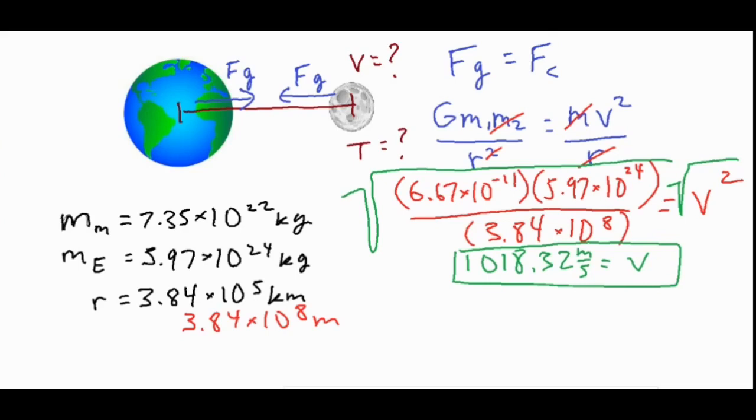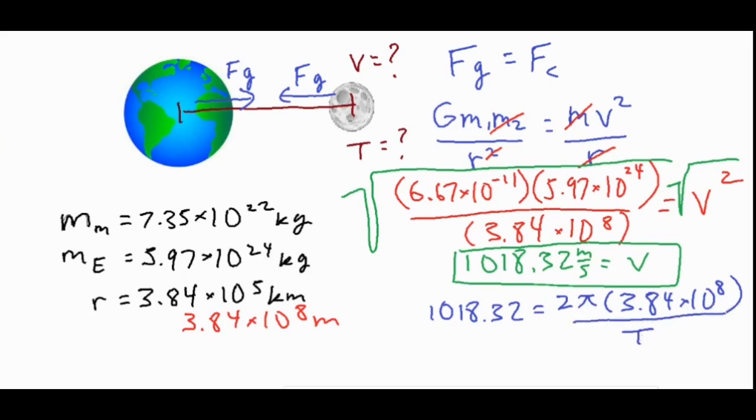And the way you do that is you take that velocity and then you set it equal to 2 pi r, and we know our r value, so we can just go ahead and plug it in, 3.84 times 10 to the 8th meters over T. Okay, so whenever you're solving for a period, you're going to use the 2 pi r over T formula. 2 pi r is the circumference of your circle, so we're assuming it's uniform circular motion, divided by capital T, the period of that orbit.